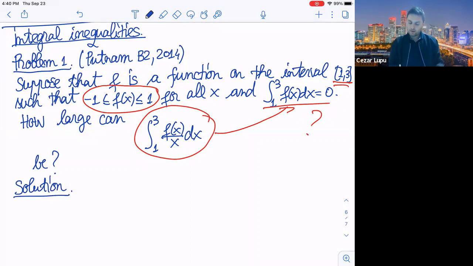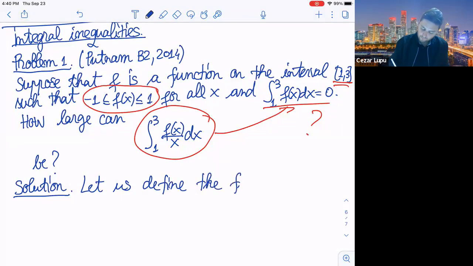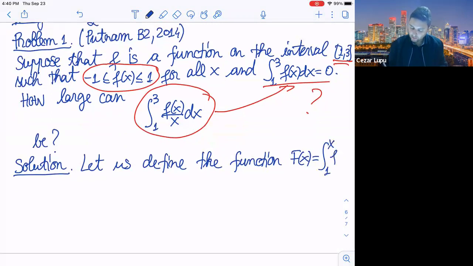So let's look at this integral. Let us define the function F(x) to be the integral from 1 to x of f(t) dt, where x is in the interval [1, 3].